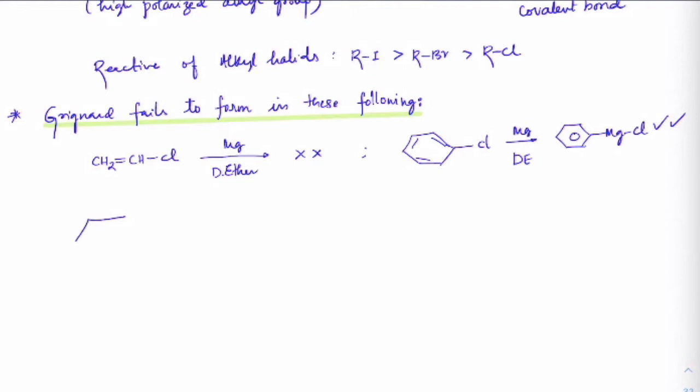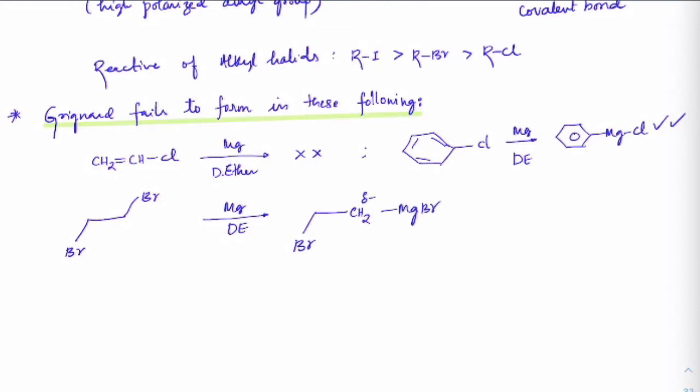Next, suppose you have bromine here and bromine here, and we are treating that with magnesium in dry ether. First we can expect that at one end MgBr is forming, but on the other end there is a methyl group, so let me write it properly: CH2CH3, CH2, delta negative MgBr.